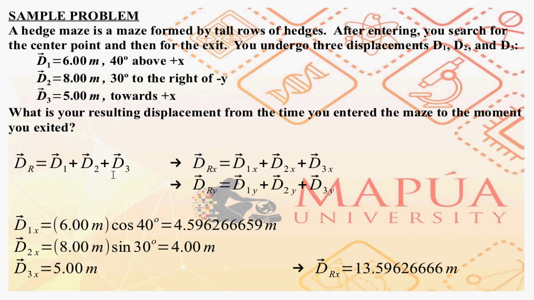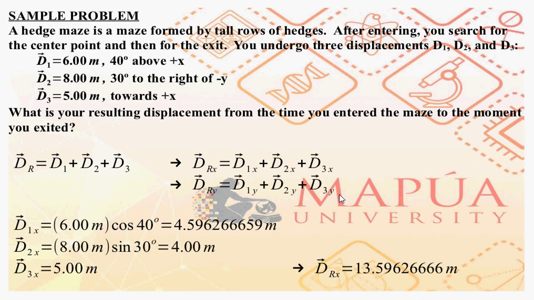Component method steps: divide each vector into their x and y components. So in terms of this equation, you have the x component, Drx equals D1x plus D2x plus D3x. And then you have the y component, Dry equals D1y plus D2y plus D3y.